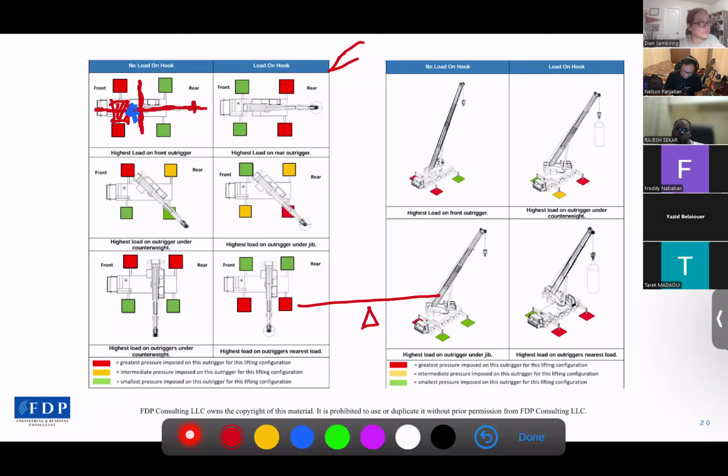Let's say the counterweight is here. When there is no load, the COG will be behind the fixity. So it will be here, and that's why this member will be deflected like this.